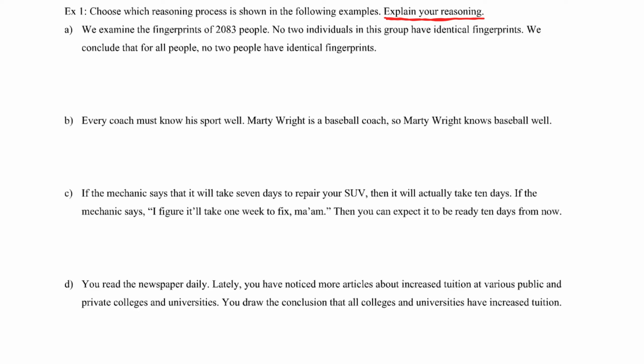So we are making our conclusion based off of the information that we've collected from the fingerprints of these 2,083 people. So what that means is we're drawing our general conclusion from the observations in these specific 2,083 instances. So this scenario is one where we would use inductive reasoning.